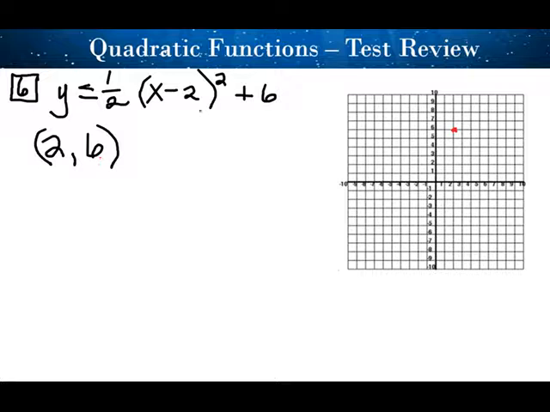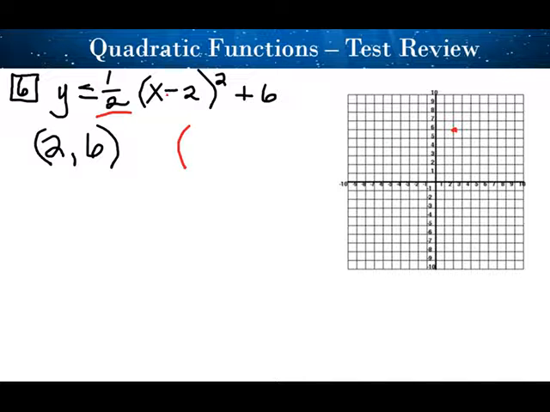Now, I also am going to plug in some points just because of the fact that I need to find out how wide this parabola is. Remember that if it's less than 1, this parabola is going to be wider than the parent function. Wider is usually because this guy right here is making the graph stretch out this way horizontally.